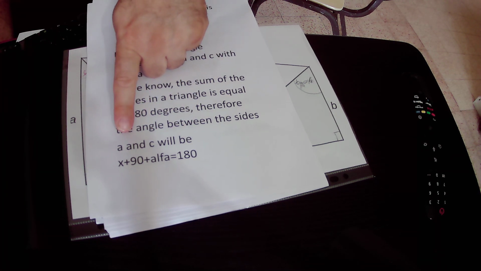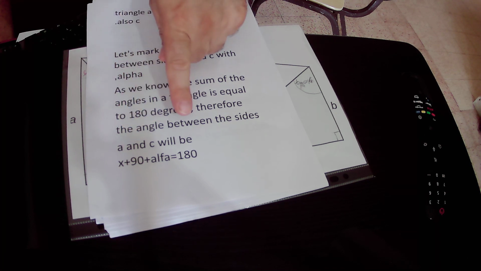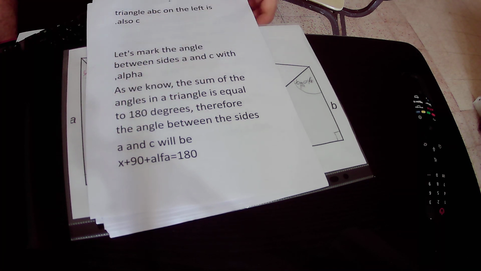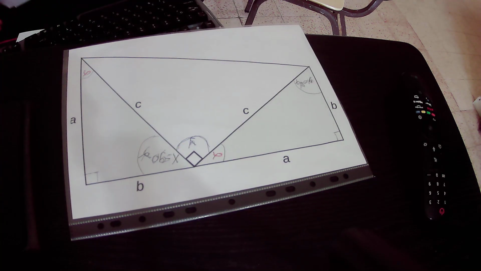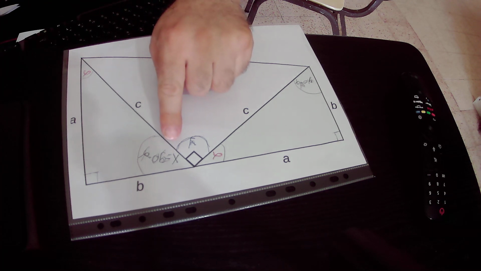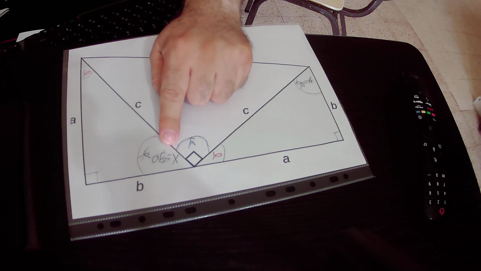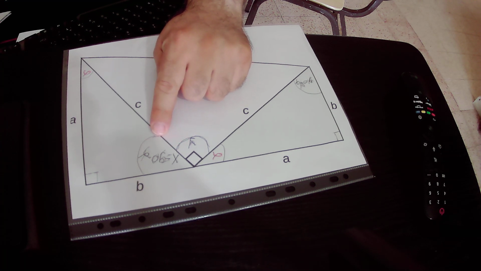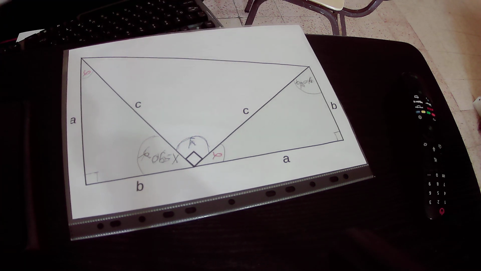So we get that x is equal to 90 minus alpha.